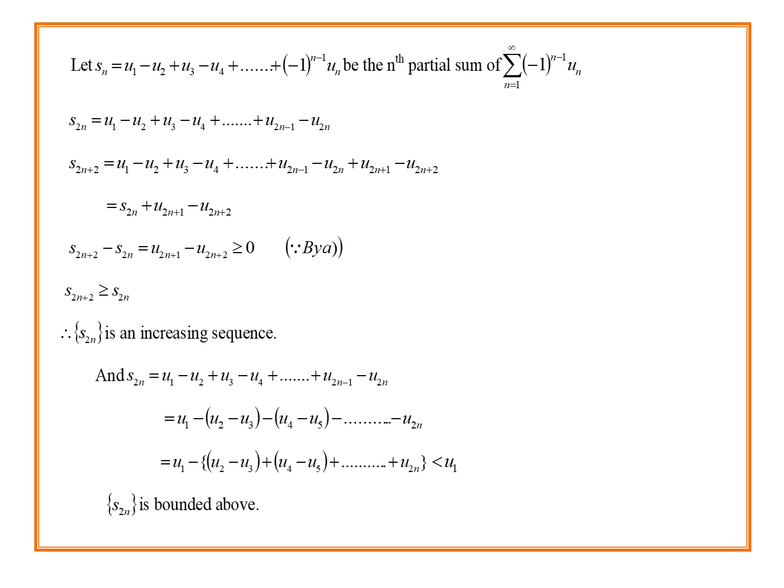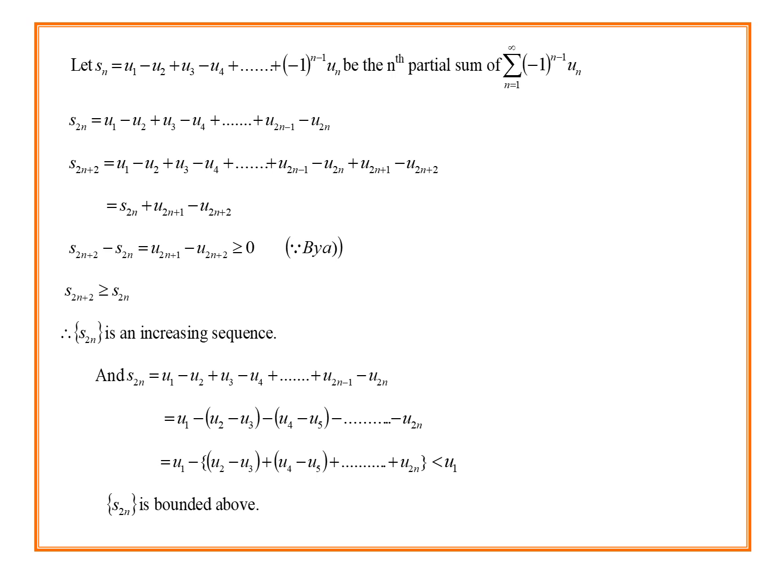And also we should calculate S of 2n, which we already know is equal to u1 minus u2 plus u3 minus u4 plus so on plus u of 2n minus 1 minus u of 2n. That can be written as u1 minus, taking common, u2 minus u3, again minus u4 minus u5, minus so on, minus u of 2n.